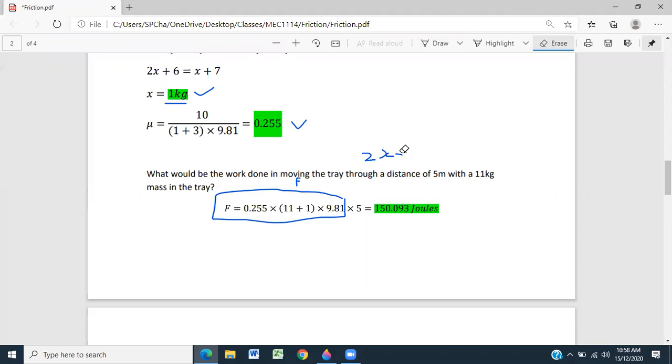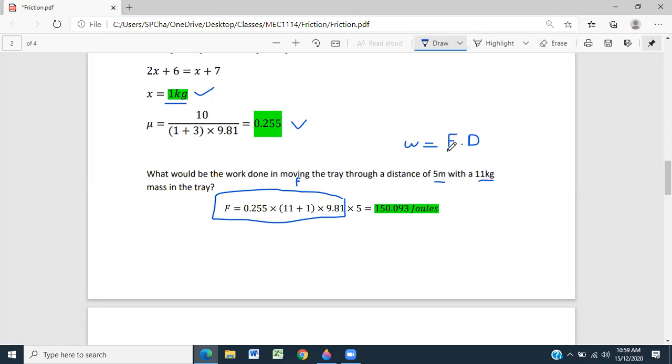Anyway, we found x and we found the coefficient of friction. What would be the work done in moving the tray through a distance of 5 meters with an 11 kg mass in the tray? We know work is the force we use and how long we use it for, force times distance. That's the way we quantify work, how much energy is used.